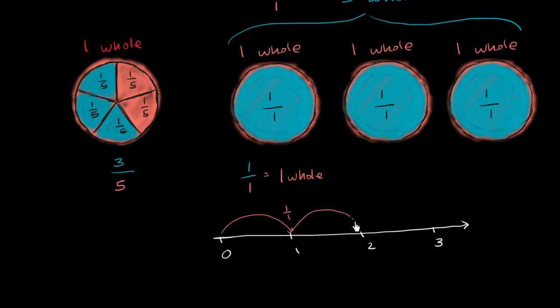We do another jump. Now we've taken 2 of these jumps. Each jump is 1/1. Now we are at 2/1, which is the same thing as 2. You take another jump, and we get to 3/1, which is the exact same thing as 3.